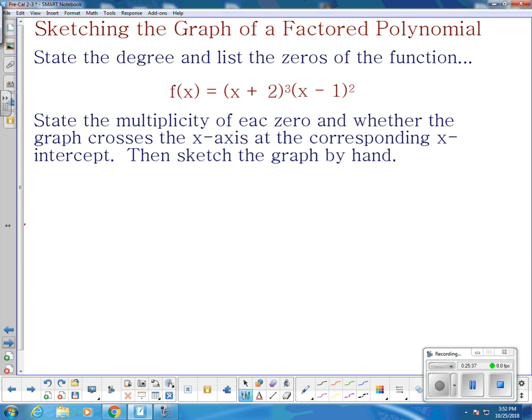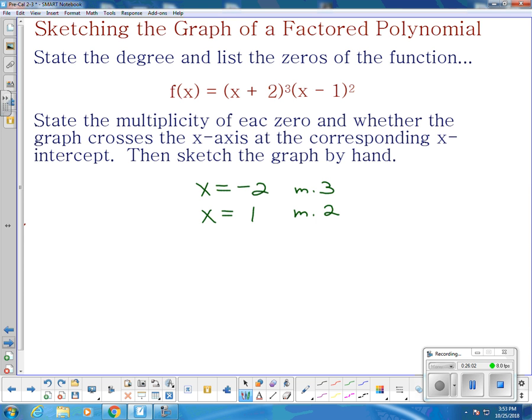Okay, so let's look going the other direction now. So here is a factored polynomial, and we're going to take each of these factors and set it equal to 0. So x plus 2 equal to 0 would give me a 0 of x equals negative 2. The exponent tells me its multiplicity. X minus 1 set equal to 0 gives me an x equals 1, and it has a multiplicity of 2.